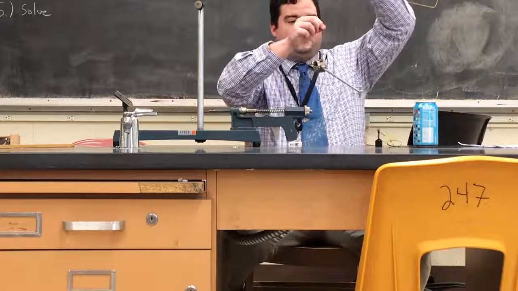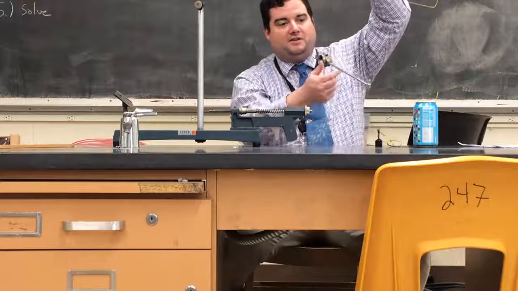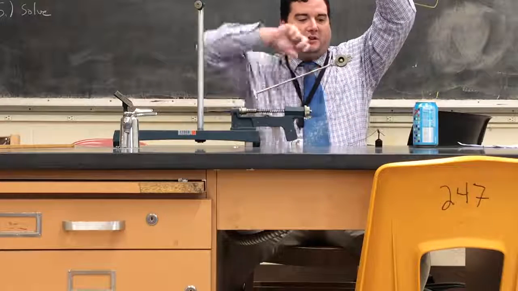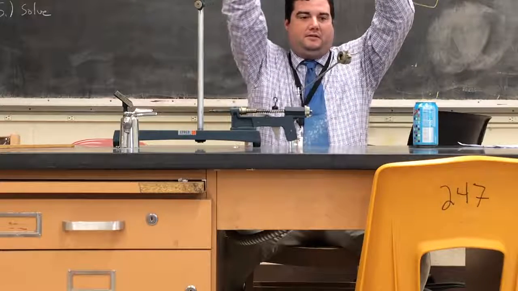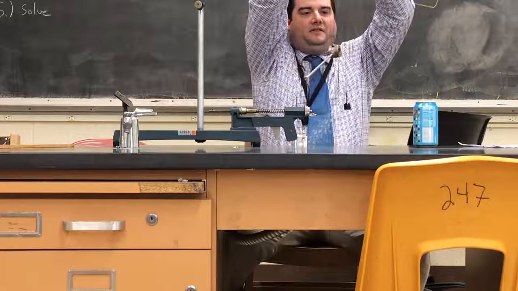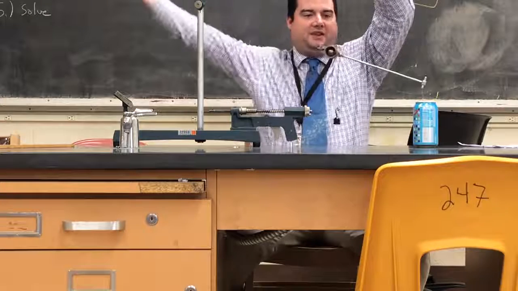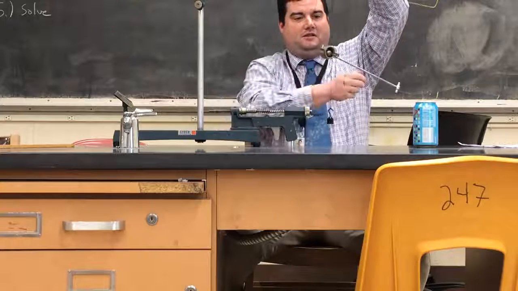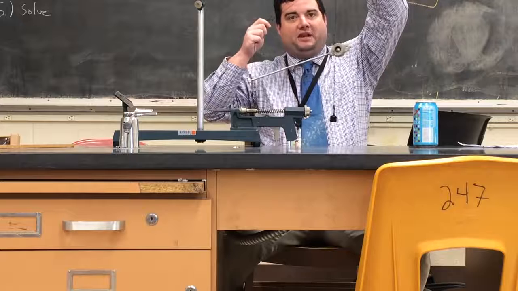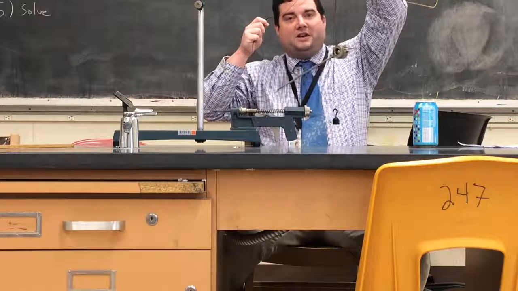We can locate it precisely. I don't know how well you're going to be able to see this. By hanging another weight straight in front. And where the line of this weight intersects the center line of the pendulum, that's where the center of mass is. So in class we marked it with an X.